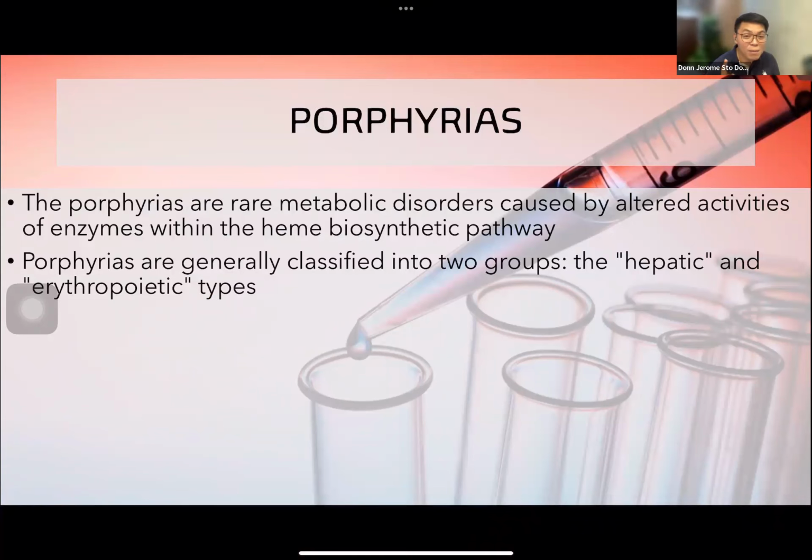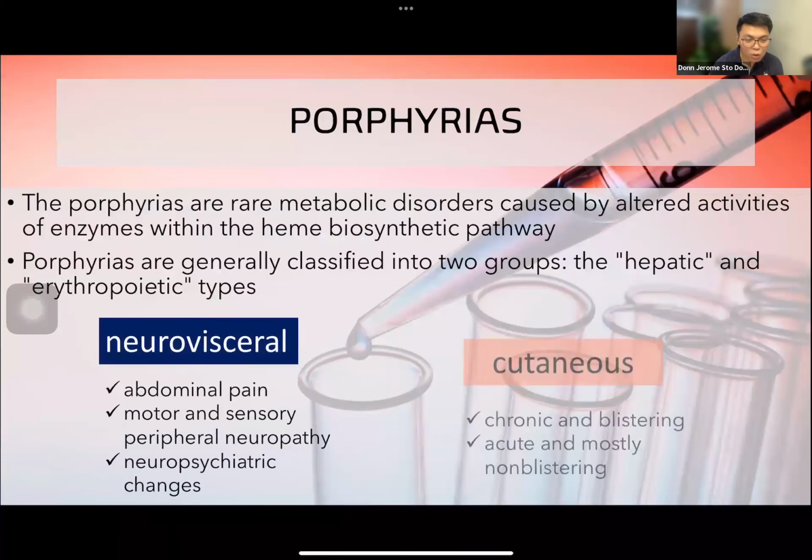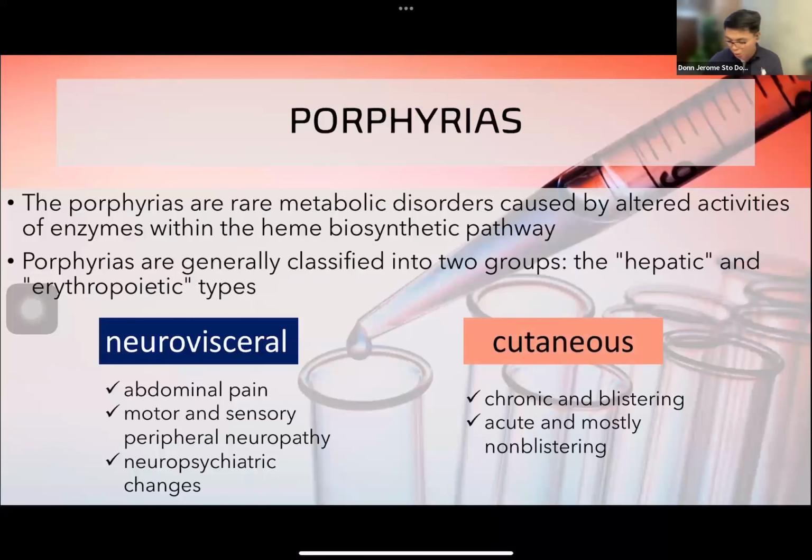First, what are porphyrias? They are rare metabolic disorders caused by altered activities of enzymes in the heme biosynthetic pathway. Porphyrias are generally classified into two groups, the hepatic and the erythropoietic, depending on the organ primarily affected. Please remember, must know, wag kakalimutan hanggang maging doktor bago mag-board exam.